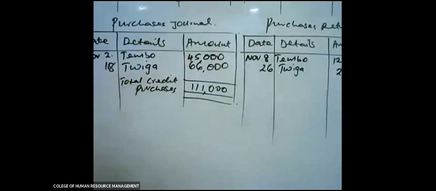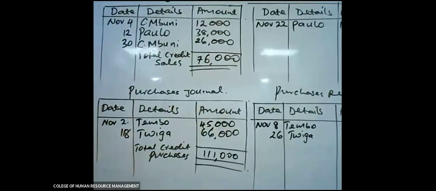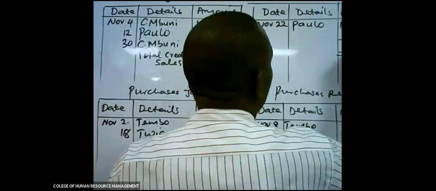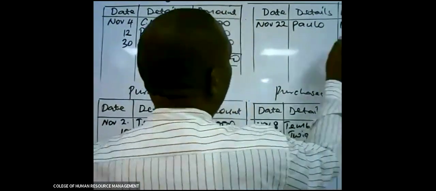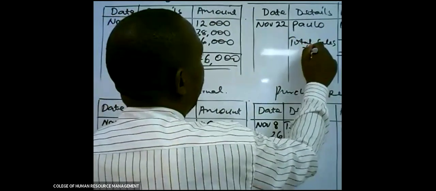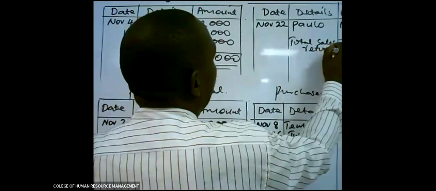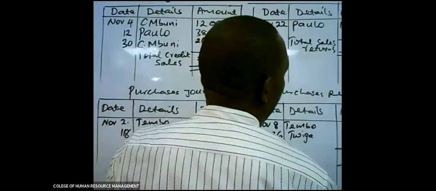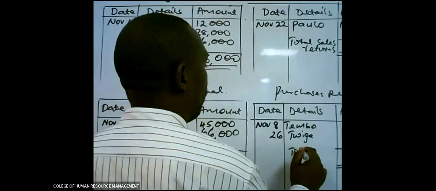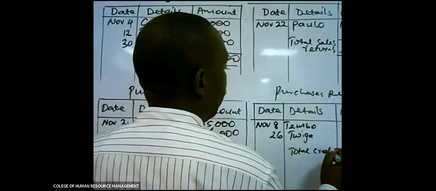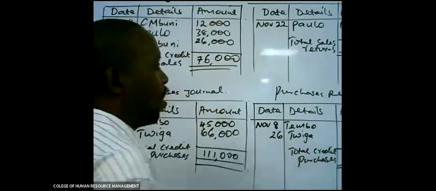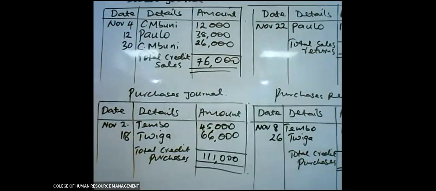So those are total credit sales and total credit purchases. For the sales returns, the total here will be 10,000. That one just says it's the total sales returns. This one will be 14,400. Total credit purchases.